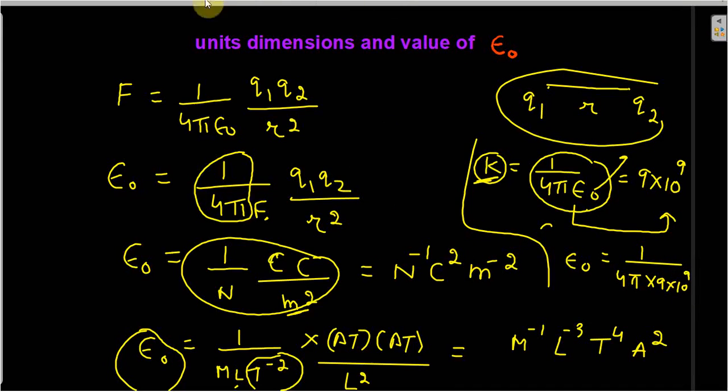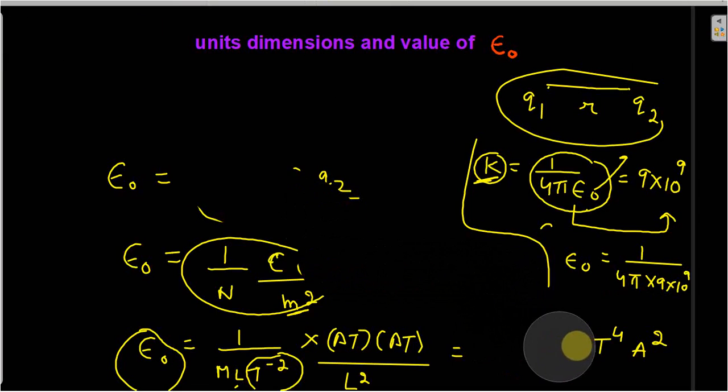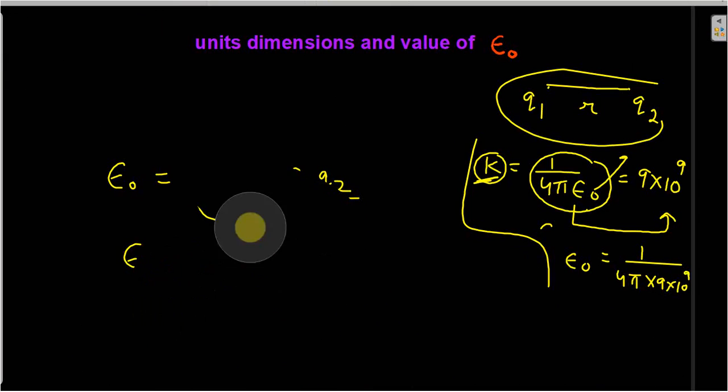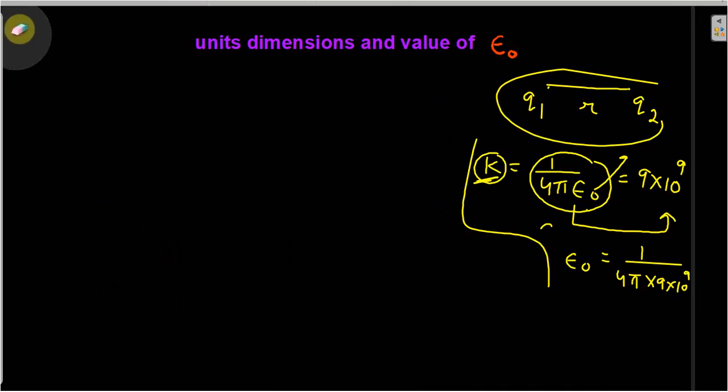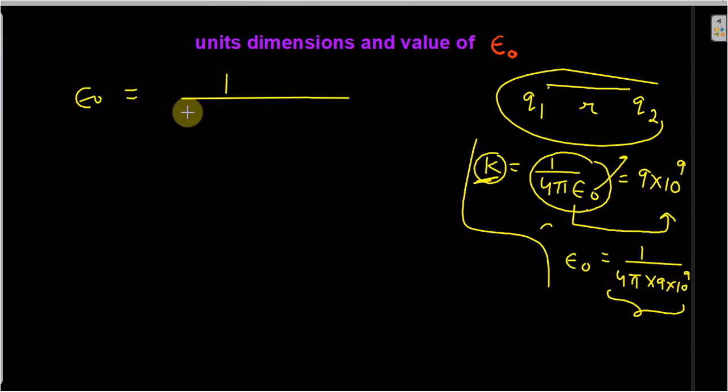Now calculate this value, and you will get 8.85 into 10 raised to power minus 12. So substitute 4 as it is, 1 by 4, pi value is 3.14, and 9 into 10 raised to power 9.